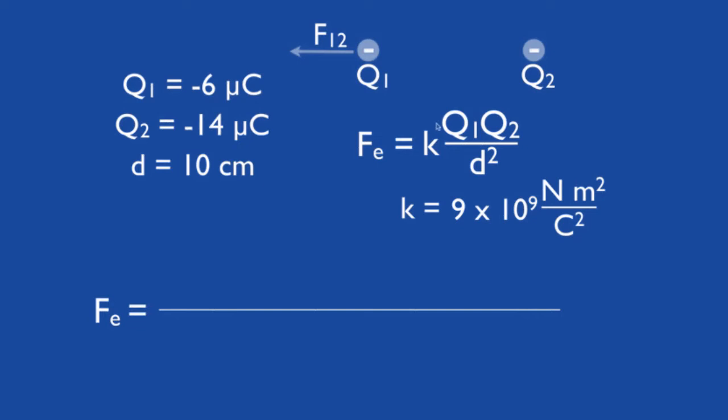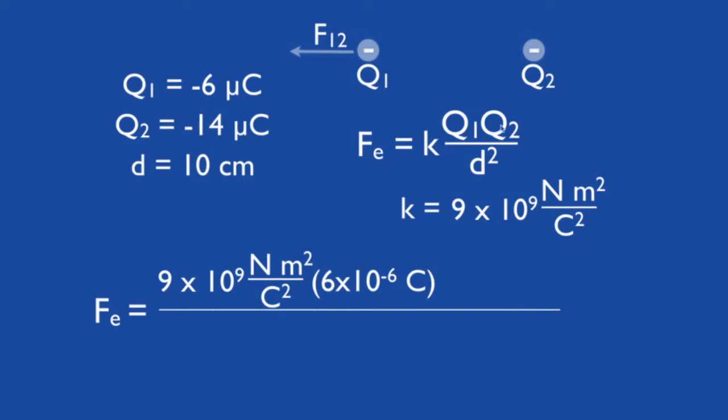So we are going to plug the numbers in. K goes on the top, so it is k times Q1 times Q2. We write down 9 times 10 to the 9th newton meter squared per coulomb squared. Now when we write down the charge, we don't put the sign, whether it is negative or positive.